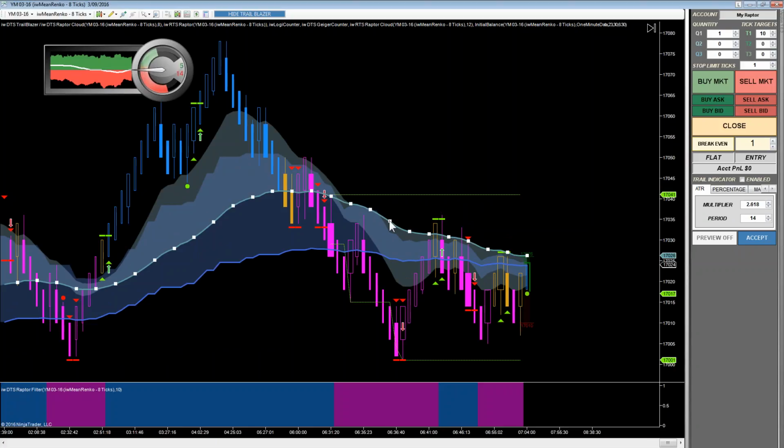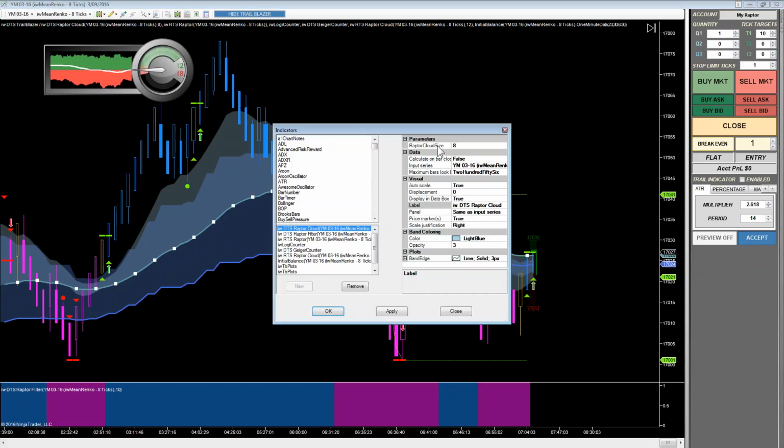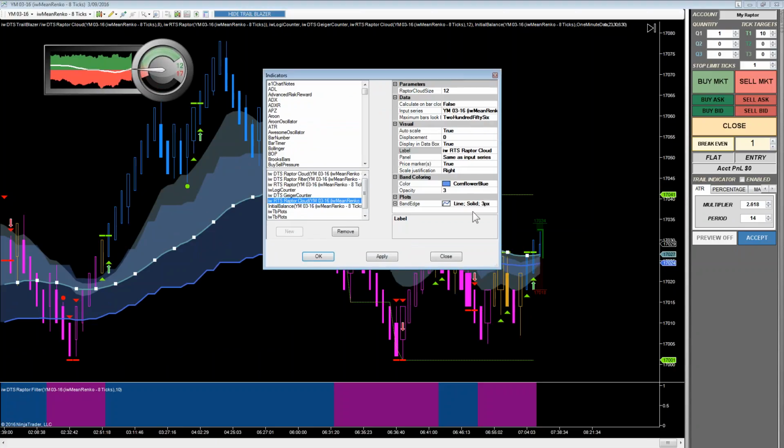Here are my cloud settings. So the first cloud I have at 8 ticks, and those are the default colors. The second cloud is at 12 ticks, and you can choose whatever color you like.